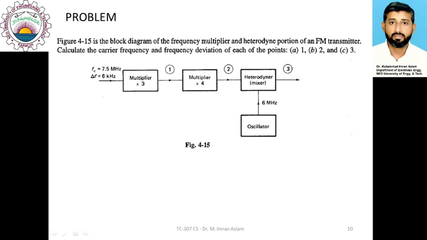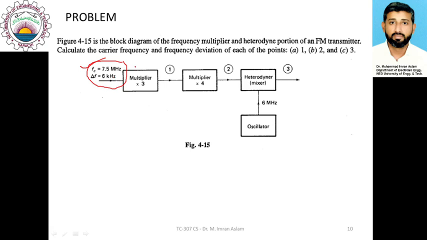You can see that although we are not given the input signal, we know the important parameters related to it. It is given that the carrier frequency input to this circuit is 7.5 megahertz, whereas the frequency deviation is given as 6 kilohertz.